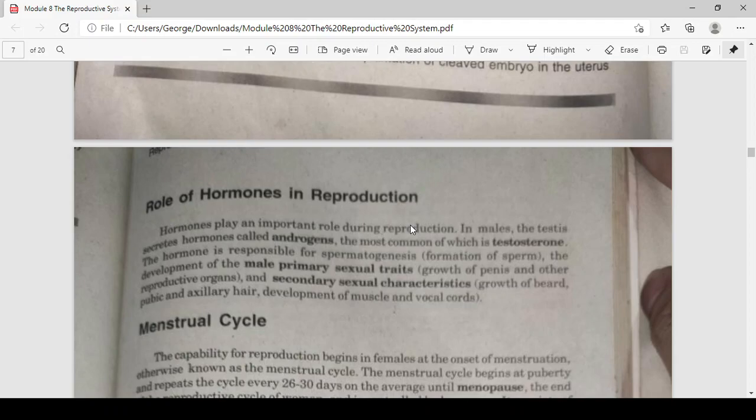The hormone is responsible for spermatogenesis or the formation of sperm, the development of the male primary sexual traits, growth of penis and other reproductive organs.